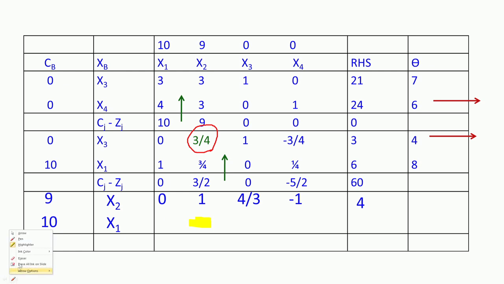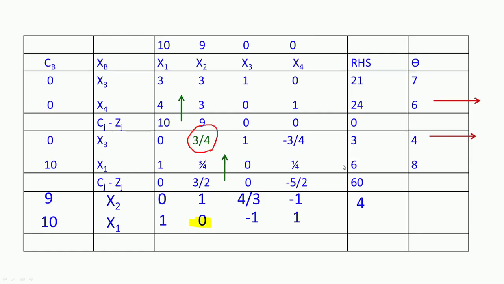So I repeat this and I get, 1 minus 3 by 4 into 0 is 1, 3 by 4 minus 3 by 4 into 1 is 0, 0 minus 3 by 4 into 4 by 3 is minus 1, and 1 by 4 minus 3 by 4 into minus 1 is 1 by 4 plus 3 by 4 which is plus 1. 6 minus 3 by 4 into 4 is 6 minus 3 which is 3. So we now have a solution x2 equal to 4, x1 equal to 3.